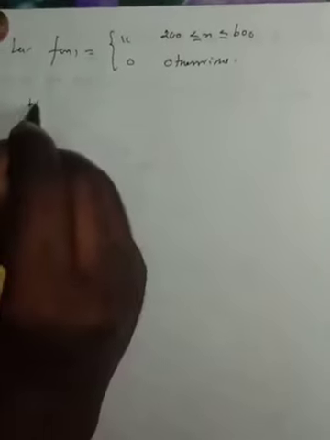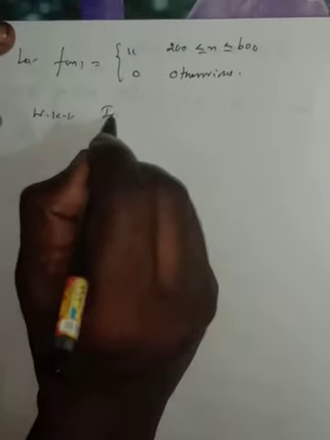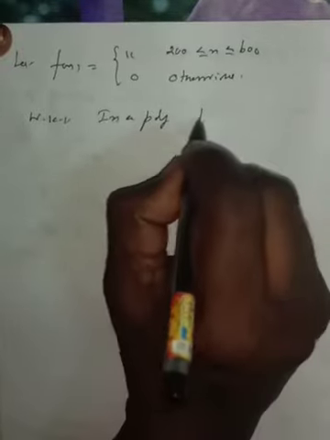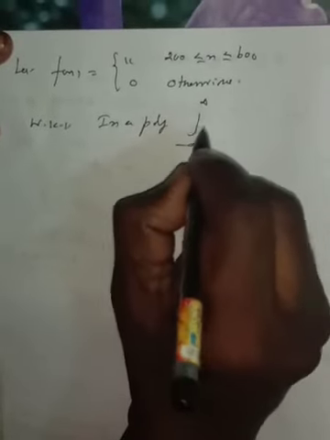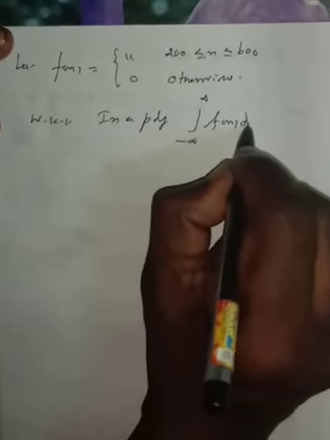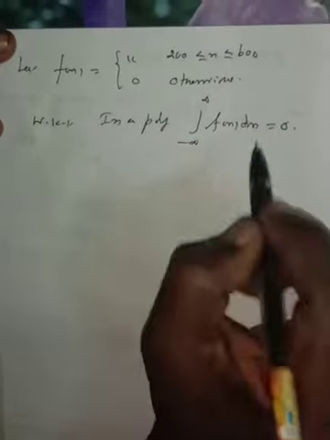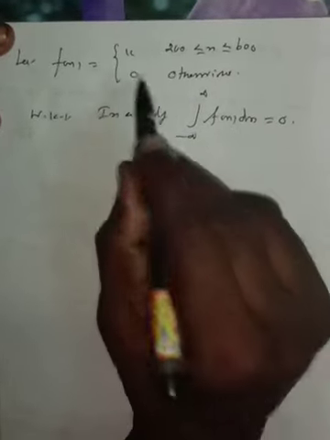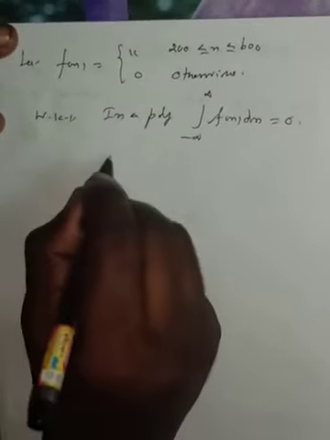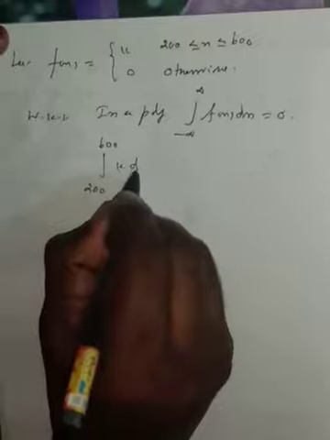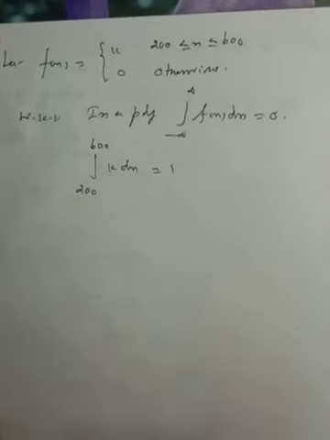We know that in the PDF, integral from minus infinity to plus infinity of f of x dx is equal to 1. In this case, 200 to 600 limit f of x dx. F of x is k. Therefore integral 200 to 600 of k dx is equal to 1.